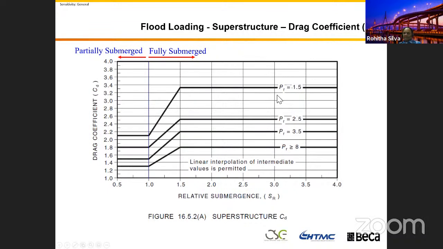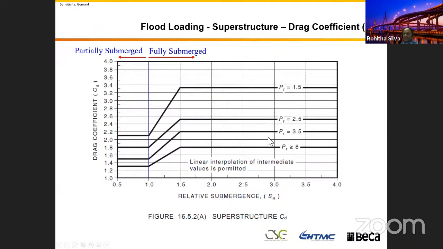And the shallower the water depth, this factor becomes high. It goes up to like 3.2, right? I'm not going to explain this hydrodynamics. You just go back to your old fluid mechanics notes and get some feeling about it.